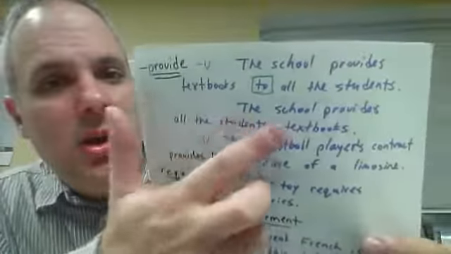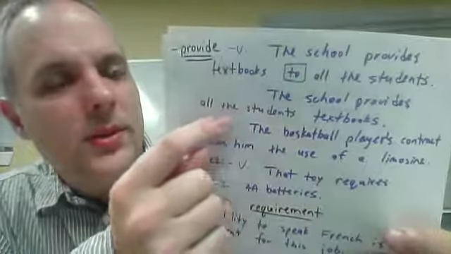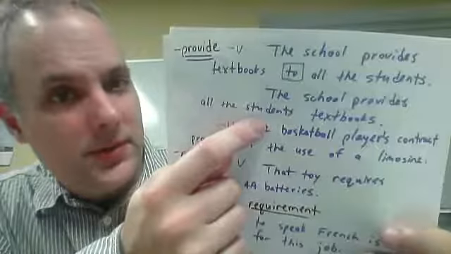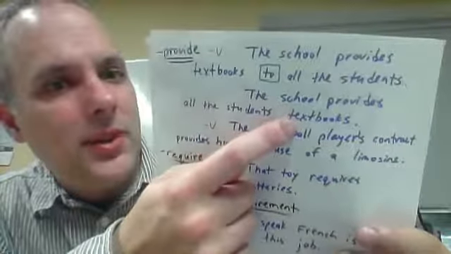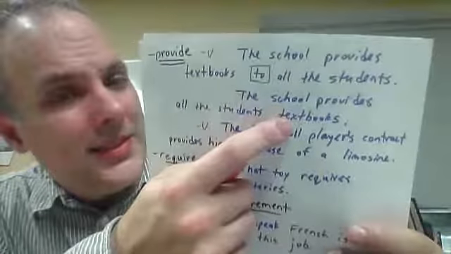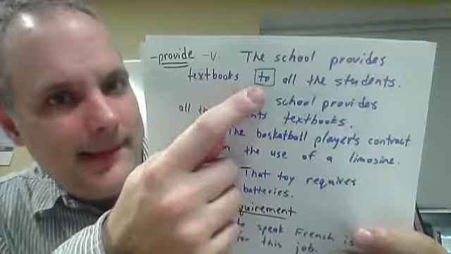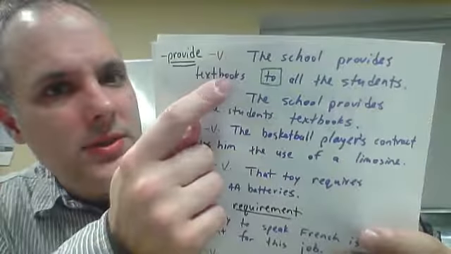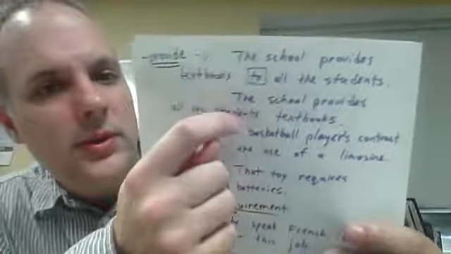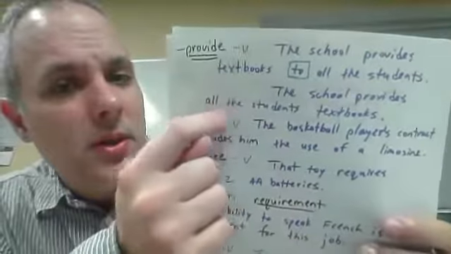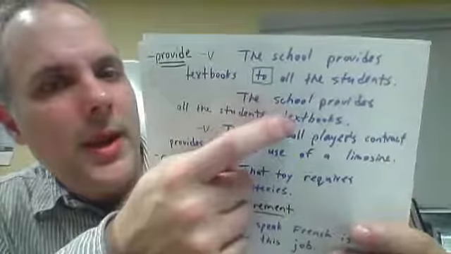The school provides all the students textbooks. Now, in this case, we put the students first and the textbooks second. This is the direct object. The direct object is second here. In this sentence, you don't need the to. Okay, so in the other one, the direct object, textbooks, is first. To who? To the students. The school provides all the students textbooks. These sentences have the same meaning, okay?